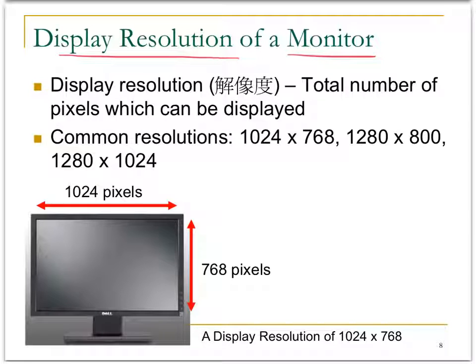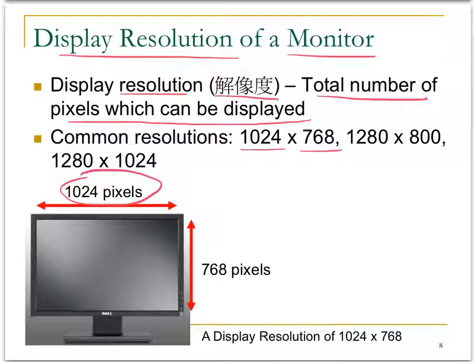And we call the total number of pixels which can be displayed in the computer screen the display resolution, 解像度. And for example, if the resolution is 1024 by 768 pixels, that means horizontally they are 1024 pixels, and vertically they are 768 pixels in the computer screen.